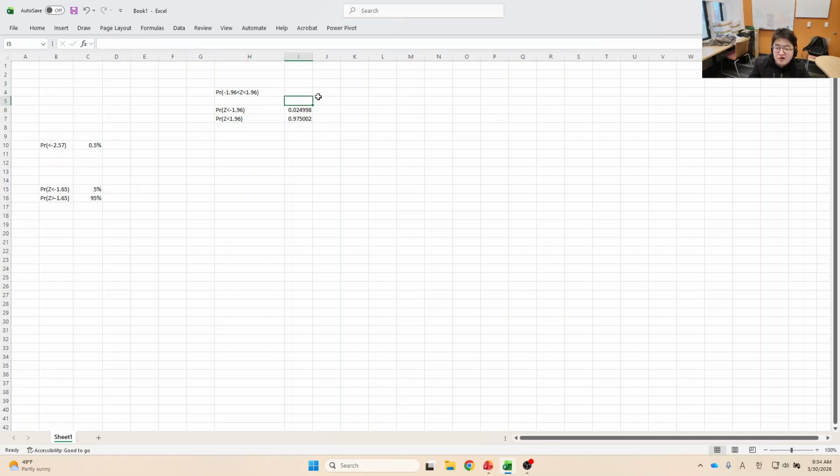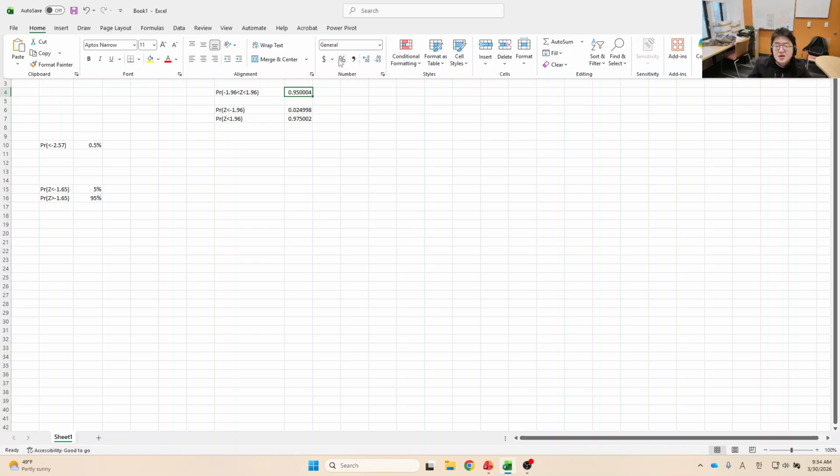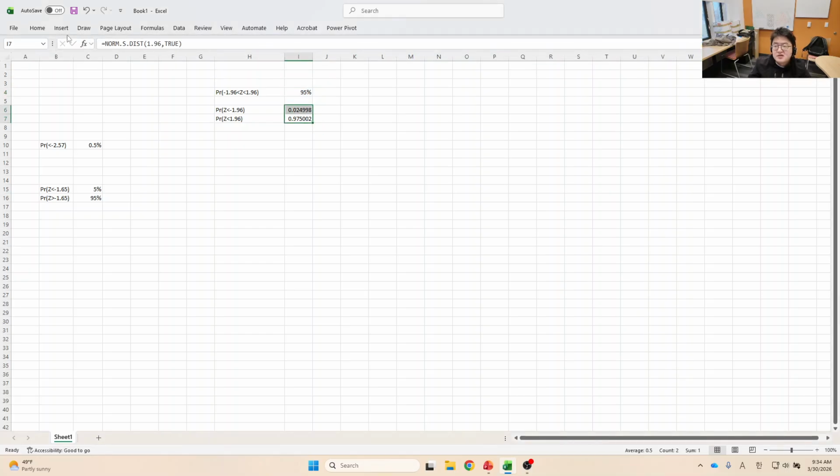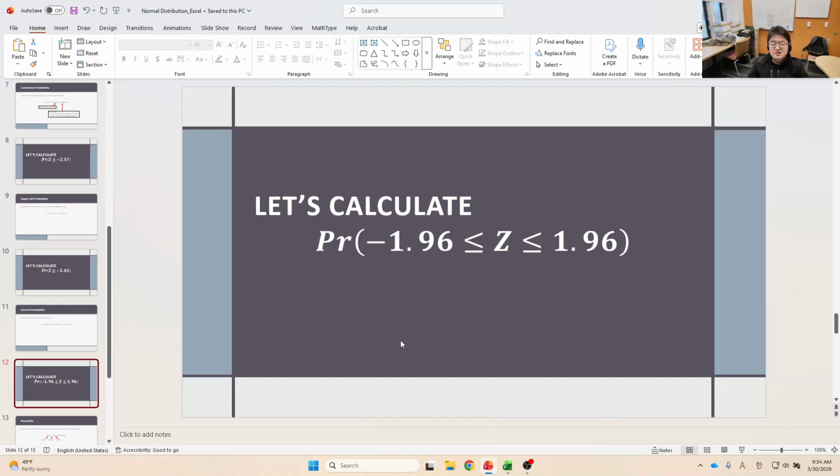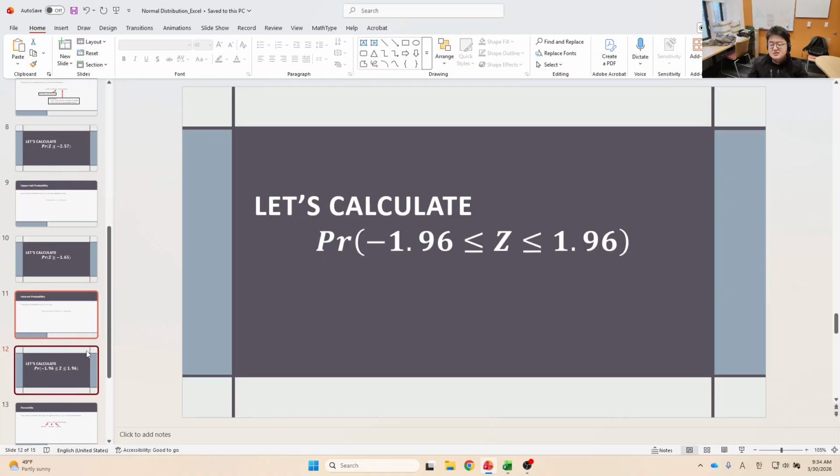And then the interval is their difference. From the large number, subtract the smaller number. It is this one. So then again, you see some pattern, right? Intentionally I chose the number because this is the interval that contains 95% probability. Okay. You will see this many times later for theoretical analysis.